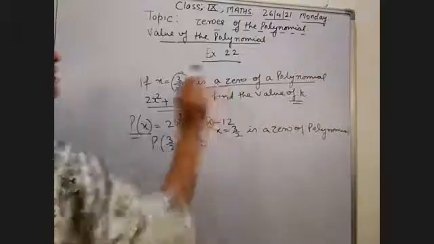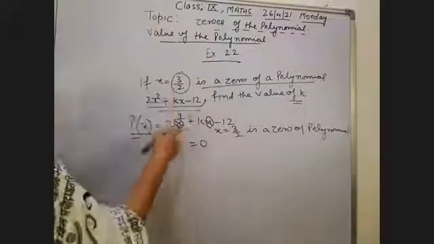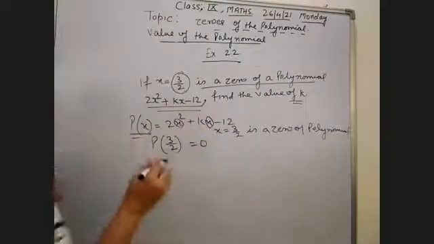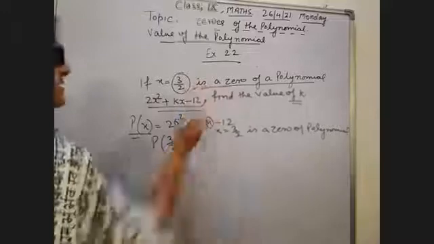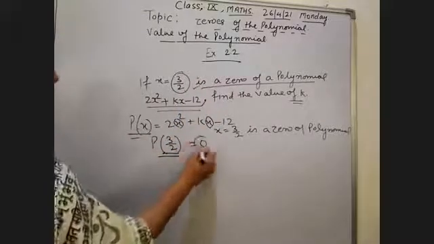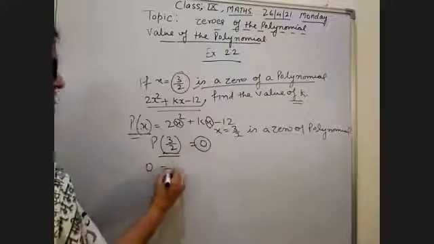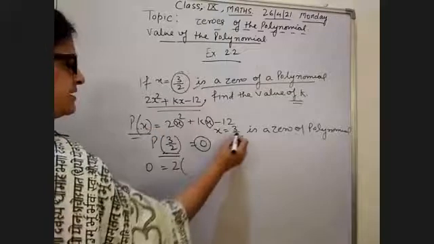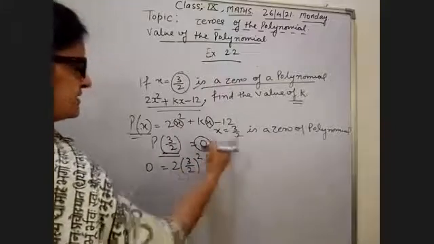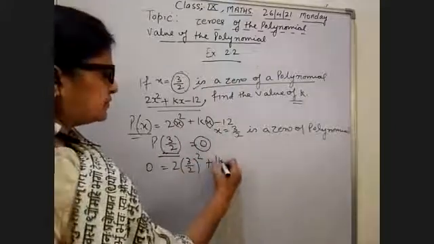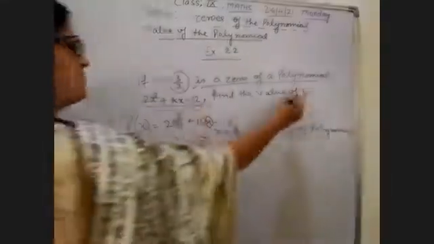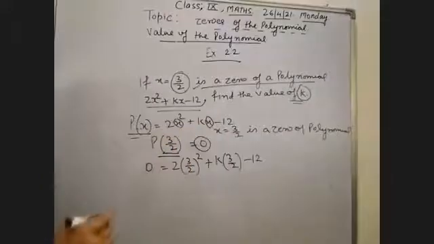So you put 0 on one side, and in place of x you put the value 3 upon 2. So how will you find the value of k now?